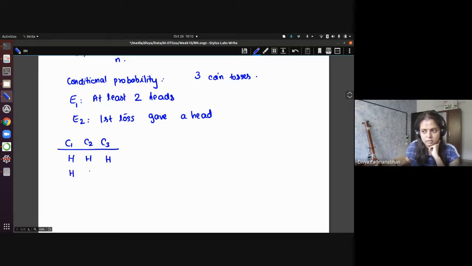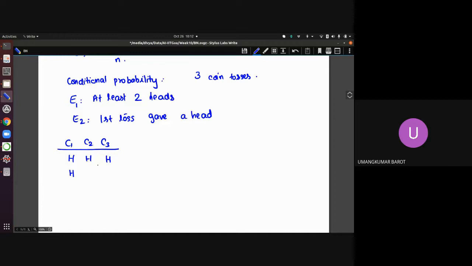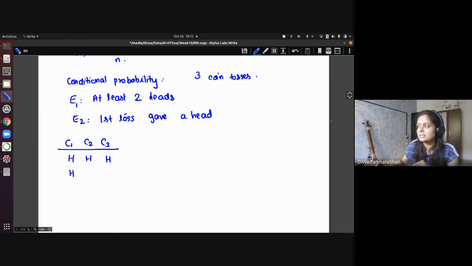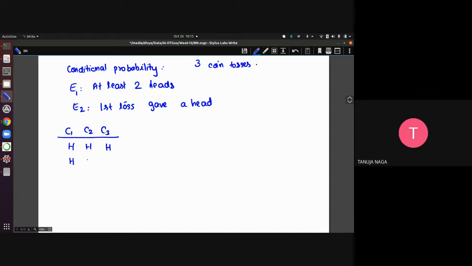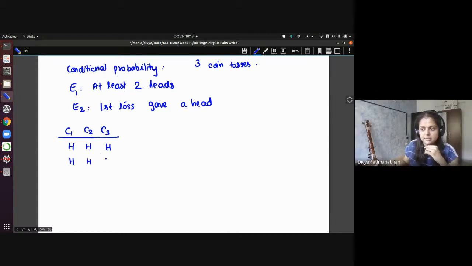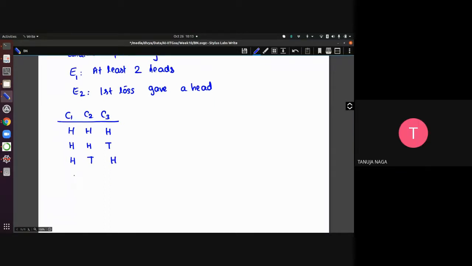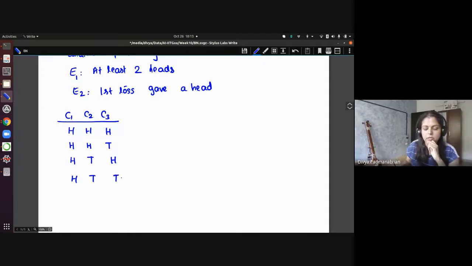Let's write this configuration first, C1, C2, C3, step by step. What are the possibilities here? Head, head, tail. Then head, tail, head.